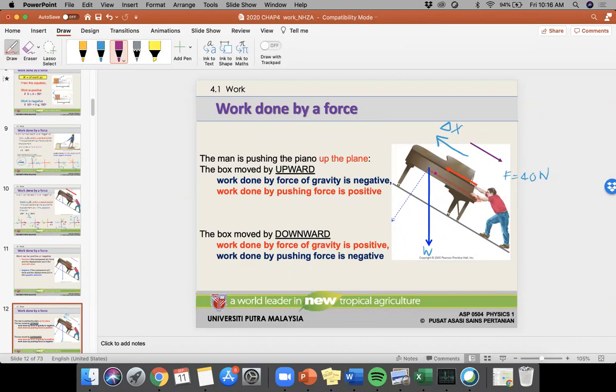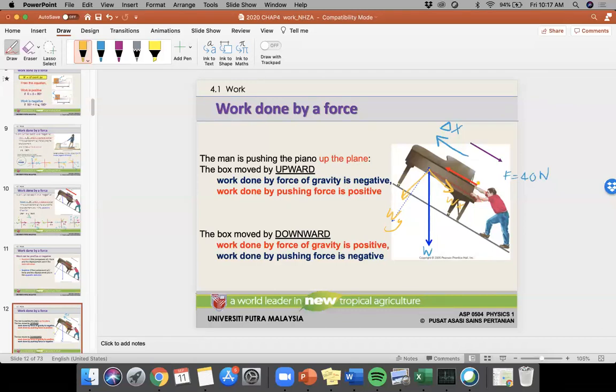Why? If I were to resolve this, so this is my W in the X direction. Okay, so this is my weight and I resolve it. This is my weight in the X direction and this is my weight in the Y direction. And my weight in the X direction, we are only concerned about the parallel component.